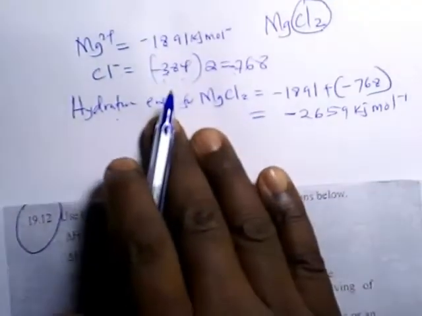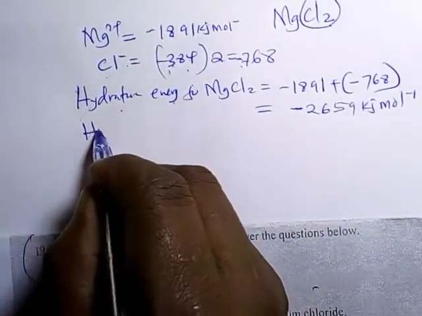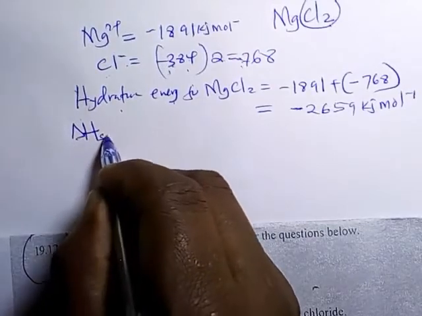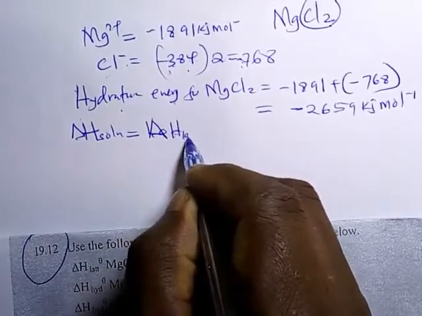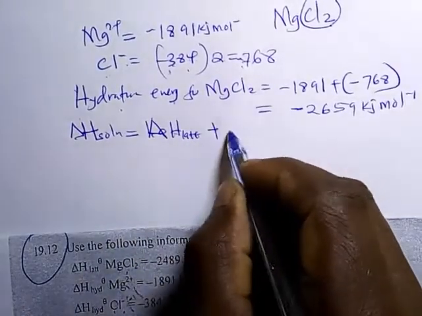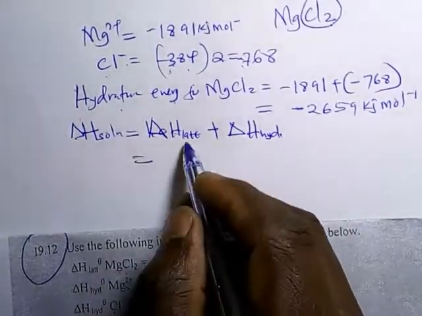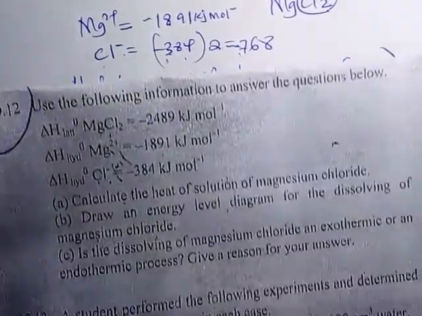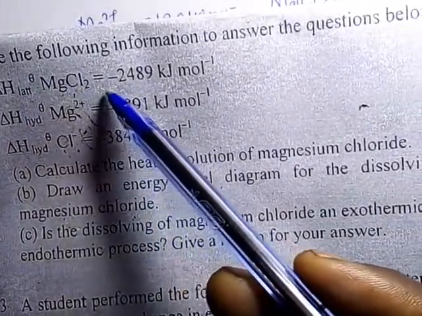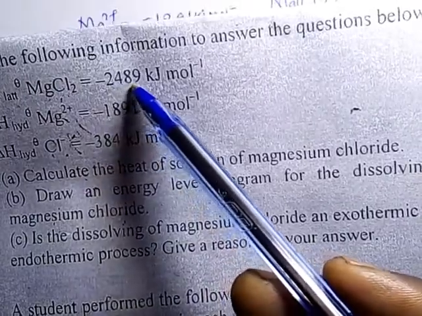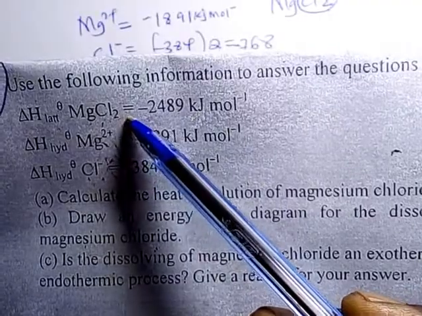But we know that the enthalpy change of heat of solution equals lattice plus enthalpy change of hydration. So look at this one. We were given that the enthalpy change of lattice of magnesium chloride is negative 2489. So we are dissolving magnesium chloride in water.